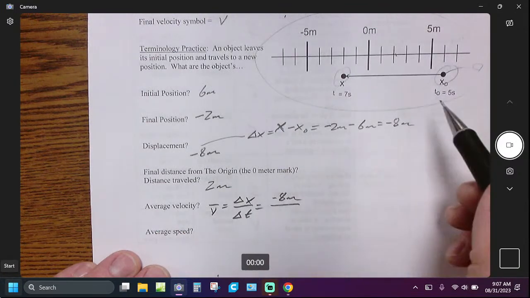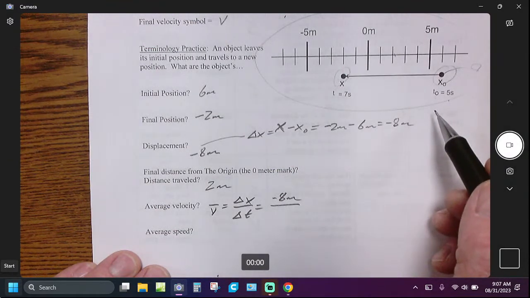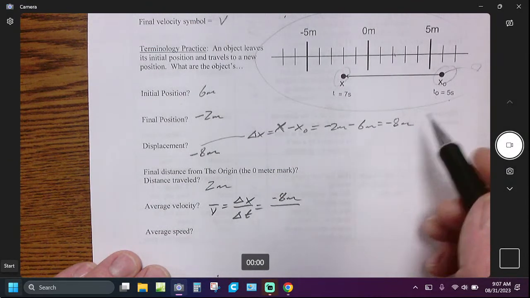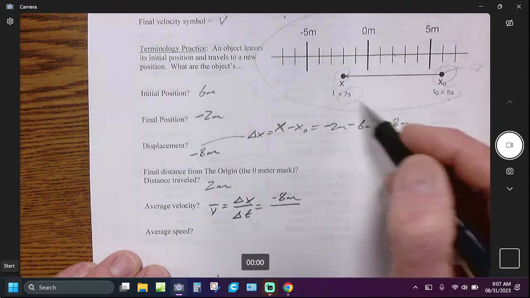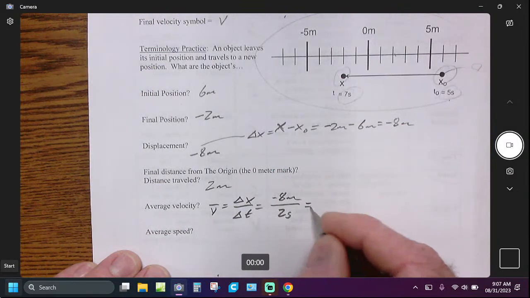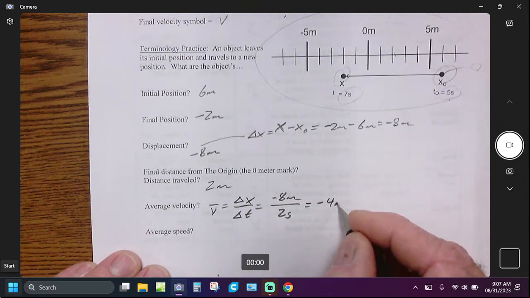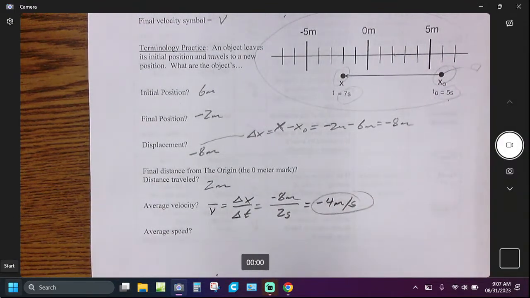And then the time, do I use 5 or 7 or something else? Yeah, change in time. So I could do final time minus initial time, but you could tell it's been 2 seconds. So -8 over 2 is -4 meters per second as the average velocity. All right.